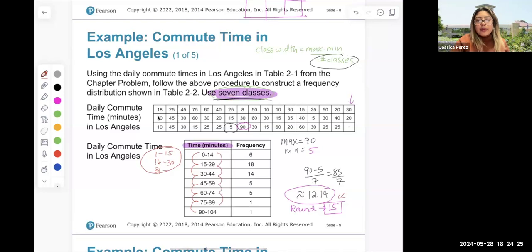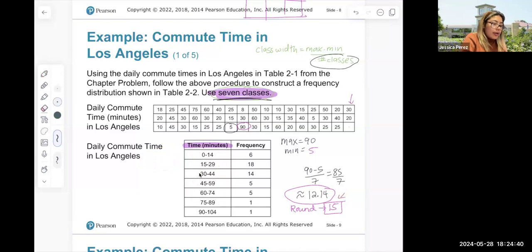Same thing, folks. So I could have done this or this. The table is choosing from 0 to 14 because it's nicer, it's easier for us. But again, there's more than one right answer. Me and you can have different types of frequency distributions depending on what we're given.